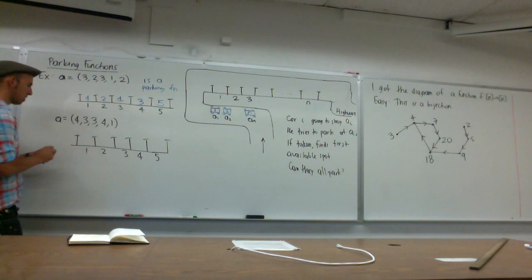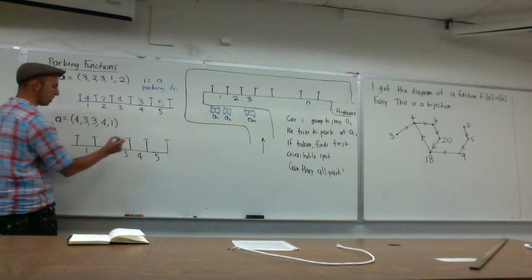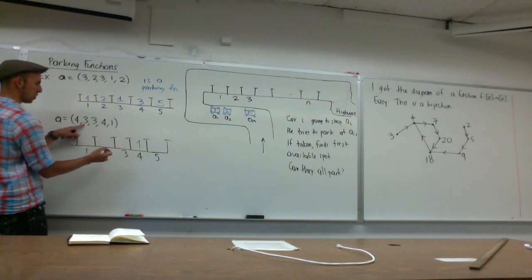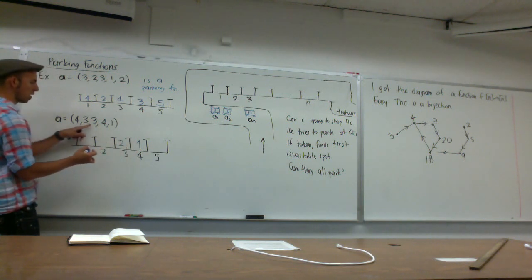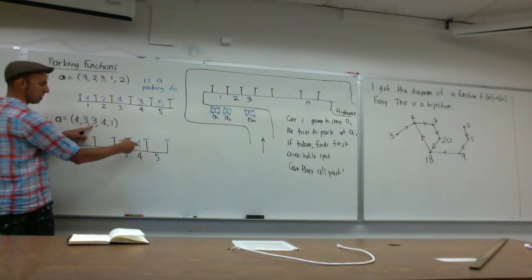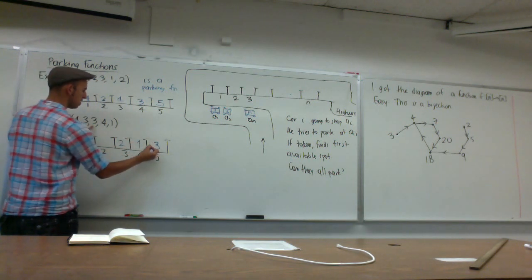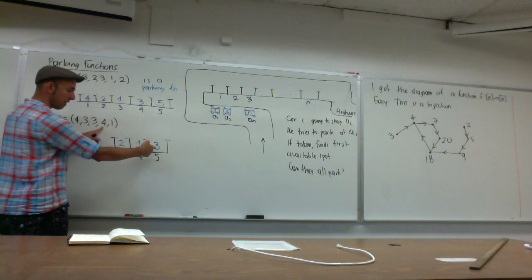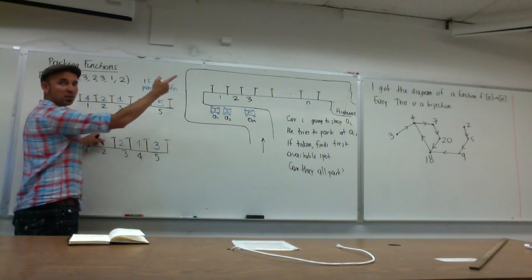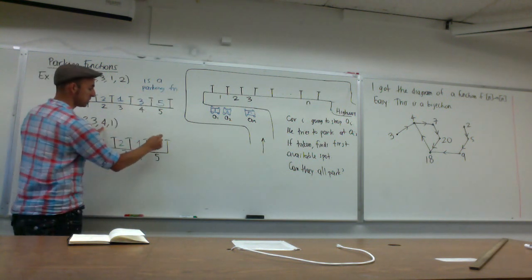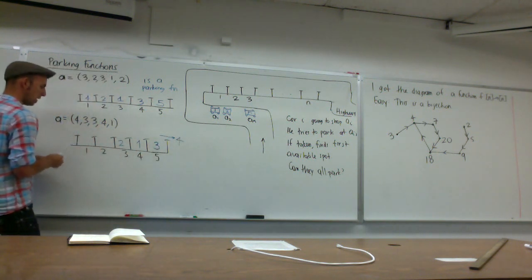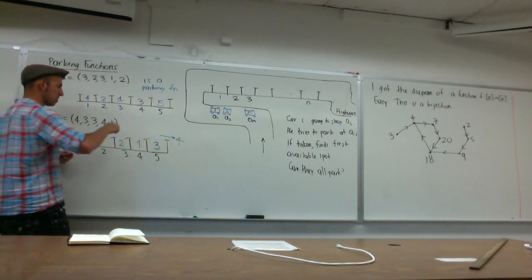In this case, car 1 goes for spot 4, car 2 goes for spot 3, car 3 goes for spot 3, it's taken, this one is taken, so they take this one. Car 4 goes for spot 4, taken, 5 is taken, and then they end up in the highway and it's all over. And so therefore this is not a parking function.